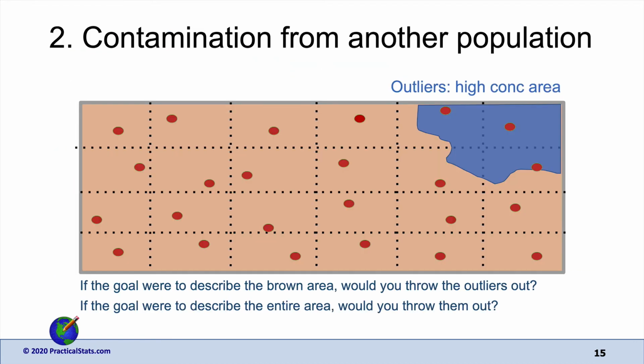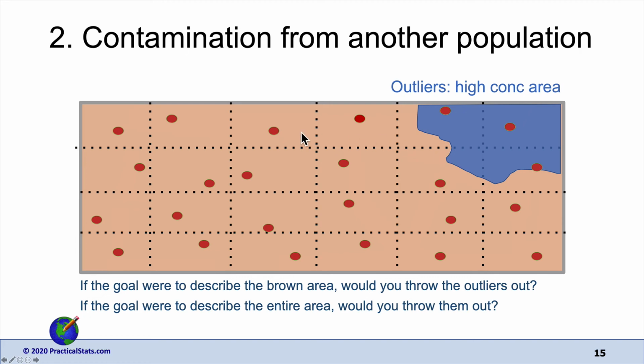So for example, here's a rectangle that has a sample measured at each of these dots. They're evenly spread across the study area. I believe there are 24 samples here. And the blue condition over here is different than the brown condition. There are much higher concentrations in the blue area.